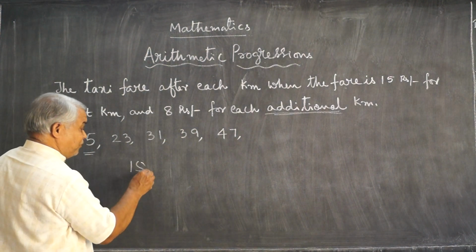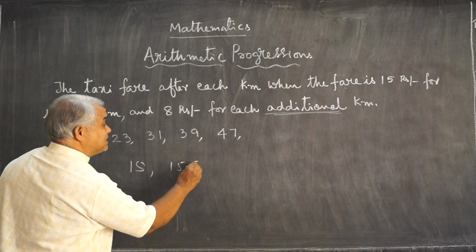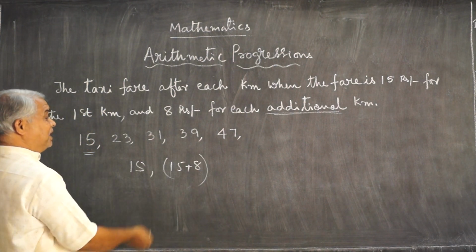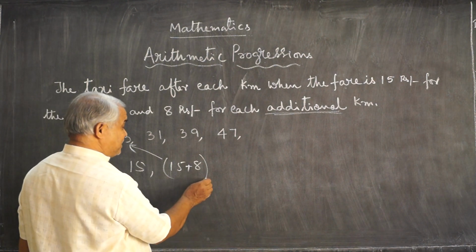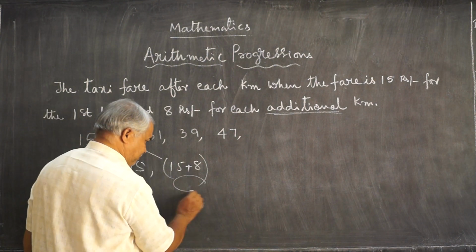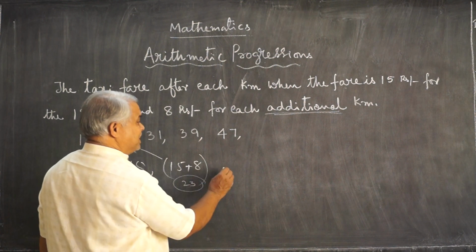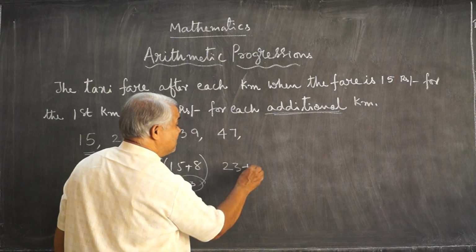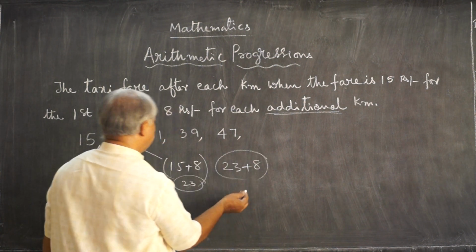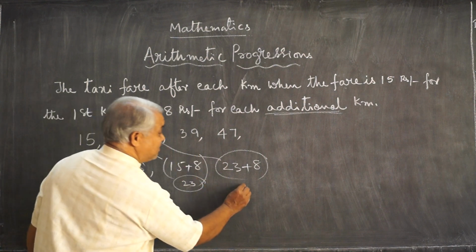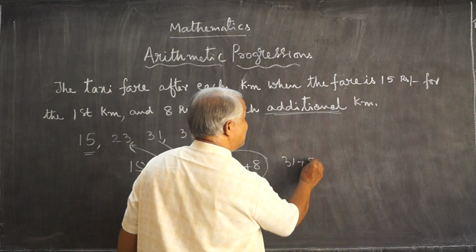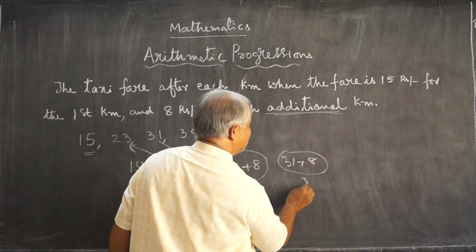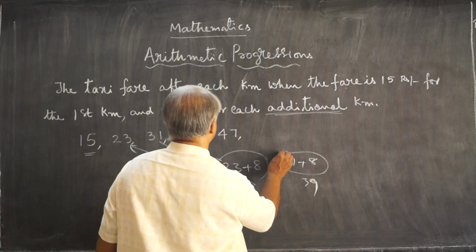That means 15 plus 8 comes to 23. Now the next one is 23 plus 8, it is 31. Again, 31 plus 8, it is 39.